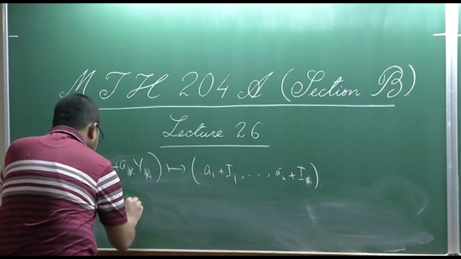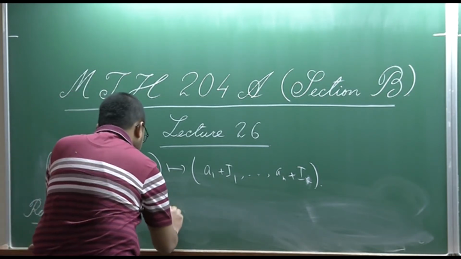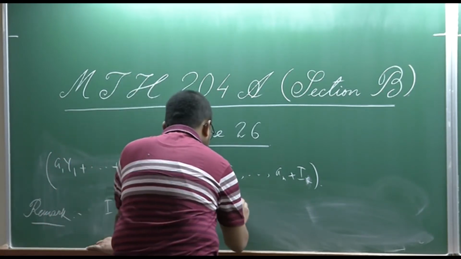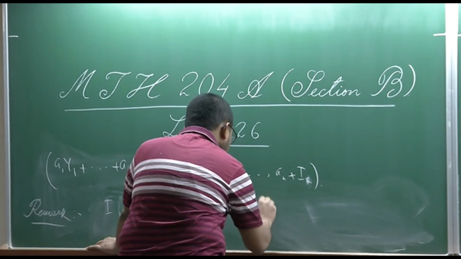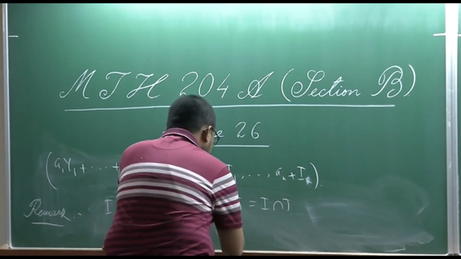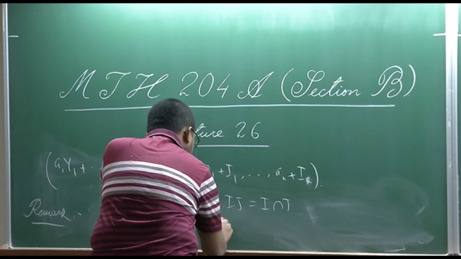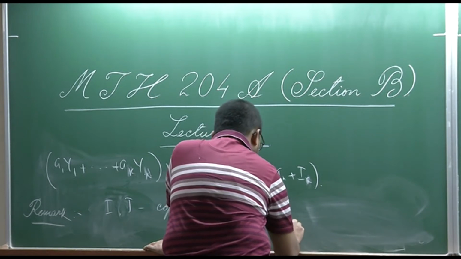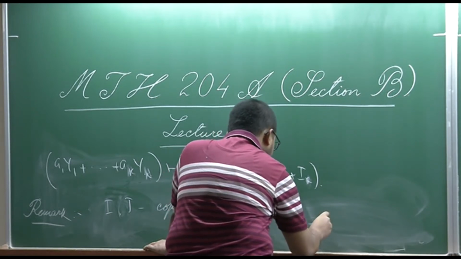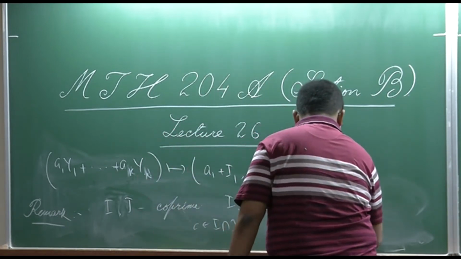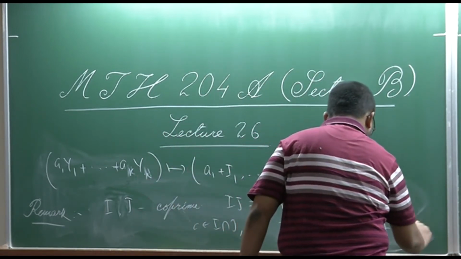Suppose I and J are co-prime. Then IJ should equal I intersection J. So, the one inclusion is clear. For the other direction, let c belong to I intersection J. Then since I and J are co-prime, we have x plus y equal to 1 for some x in I and y in J. This implies cx plus cy is equal to c.